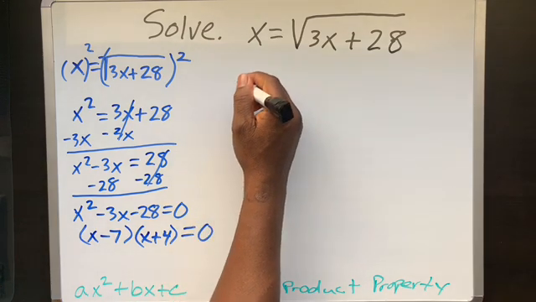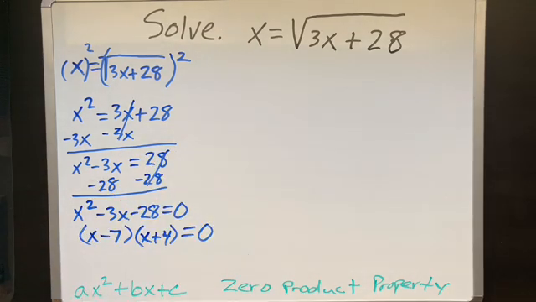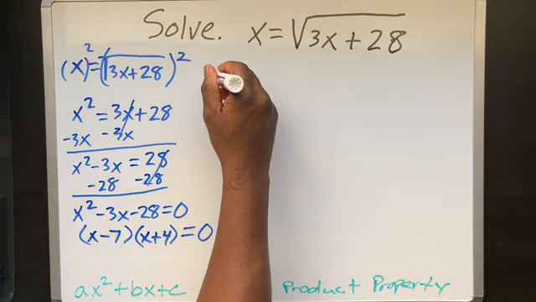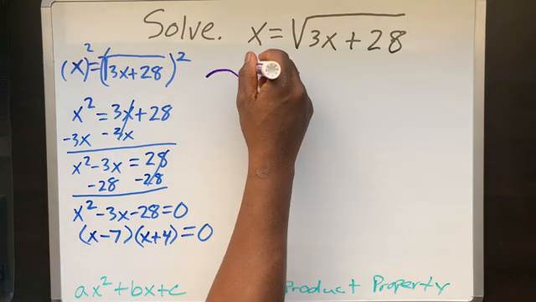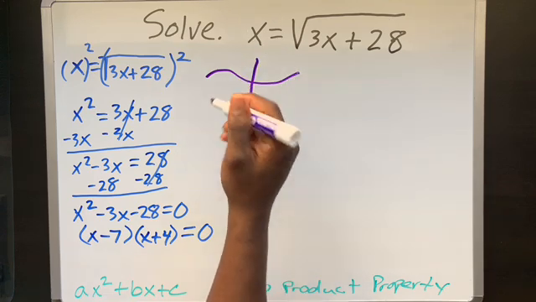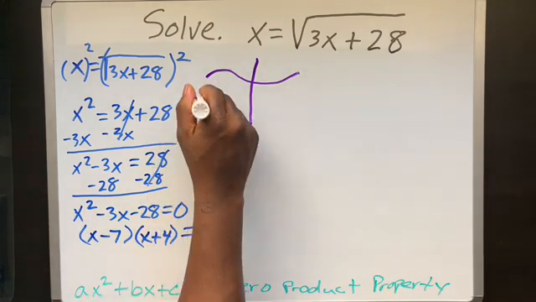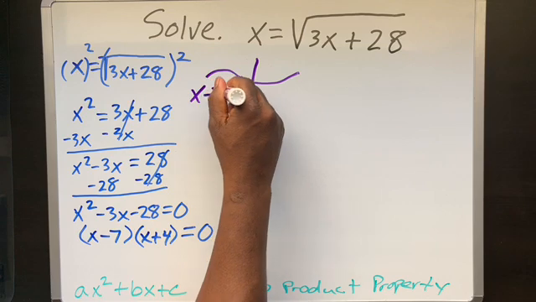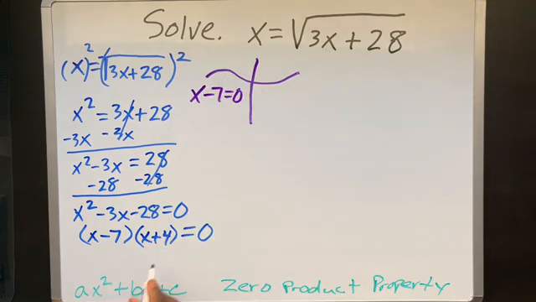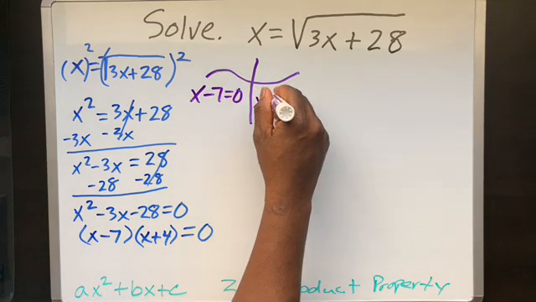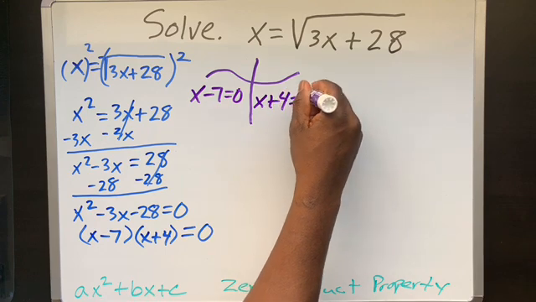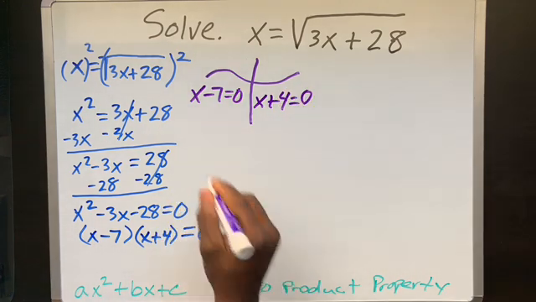So I'm going to use an organizer, in a different color, so that I make all these steps explicit. I'm going to take x minus 7, set it equal to 0, and then x plus 4, set that equal to 0, and solve for x.